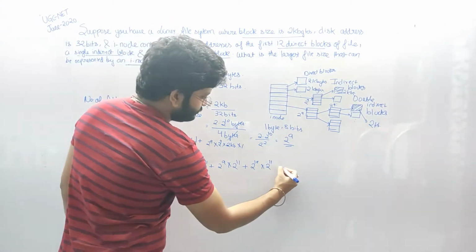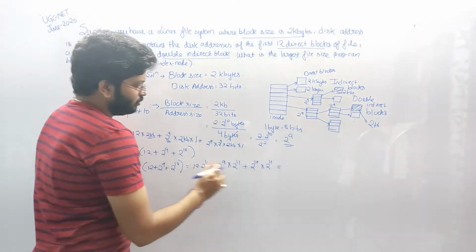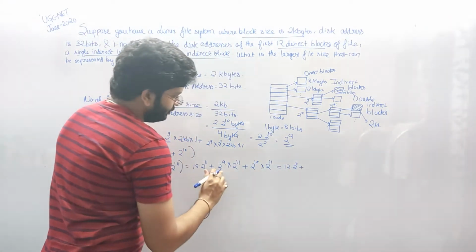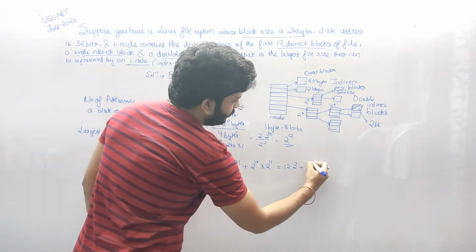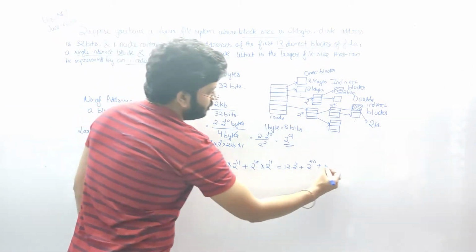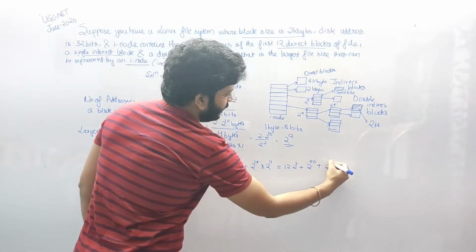Now 12 into 2 power 11, let it remain as it is. Then 2 power 9 into 2 power 11 will be 2 power 20, and 2 power 18 into 2 power 11 will be 2 power 29.